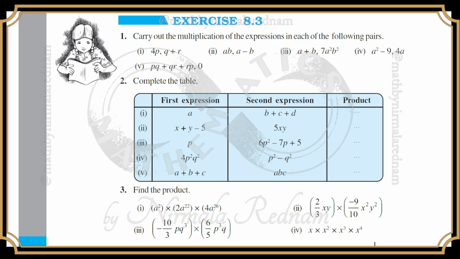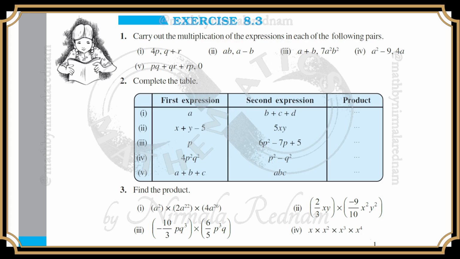Now let's look at the second question. They're asking us to find the product of these two given algebraic expressions. Again, here you can see that we have a monomial and a polynomial, right? So let's look at these questions, and every time I'm going to be writing the monomial first and then the polynomial.